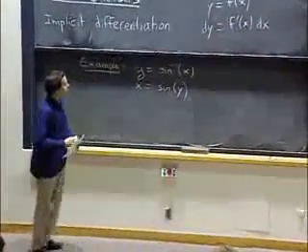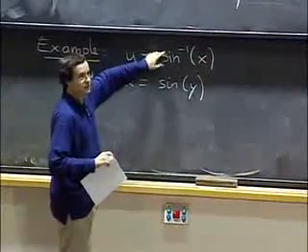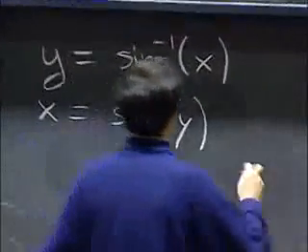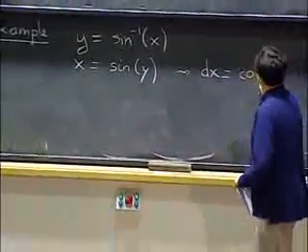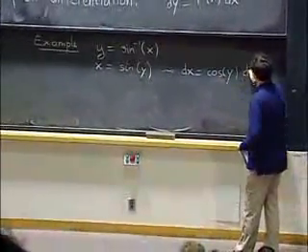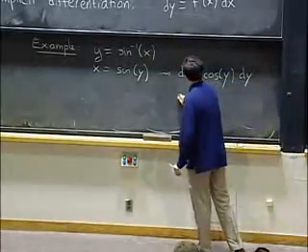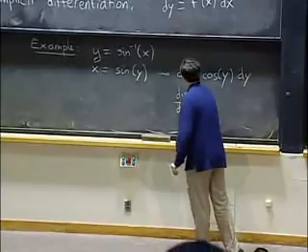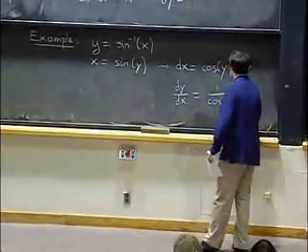And from there, we can find out what the derivative of this function is, if we didn't know the answer already, by writing dx equals cosine y dy. That tells us that dy over dx is going to be 1 over cosine y.